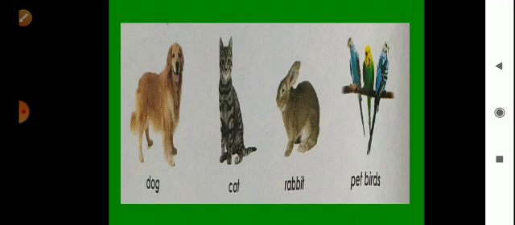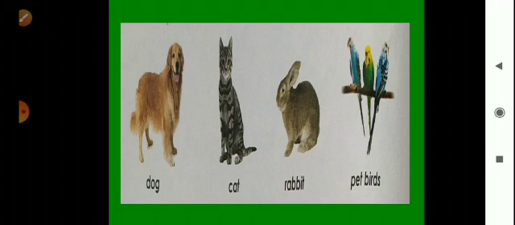Which animals can we see around us? These are domestic animals, like the dog, cat, rabbit, or pet birds. But when we keep these animals inside the house, we call them pets. What?